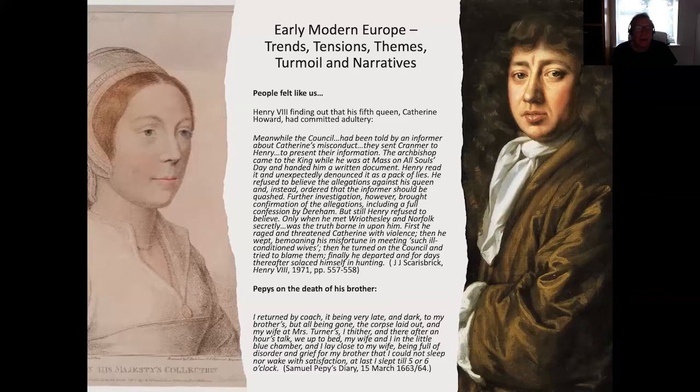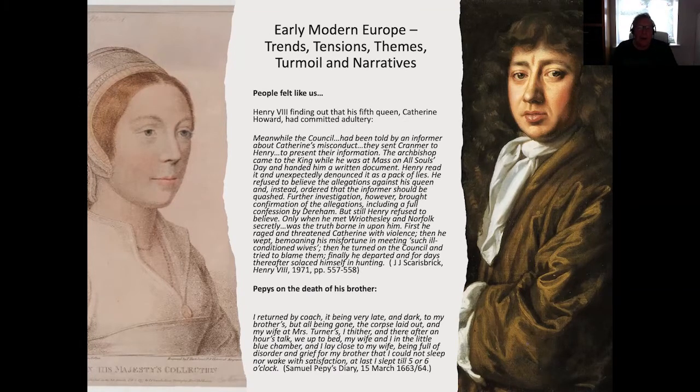But this is about, if you look on the left, Catherine Howard, who was Henry VIII's fifth wife. And he had her executed in 1543, I think, for committing adultery, which he undoubtedly did. She was 20 and he was in his early 50s, and he married her because you really didn't get much of a choice if he asked to marry you.